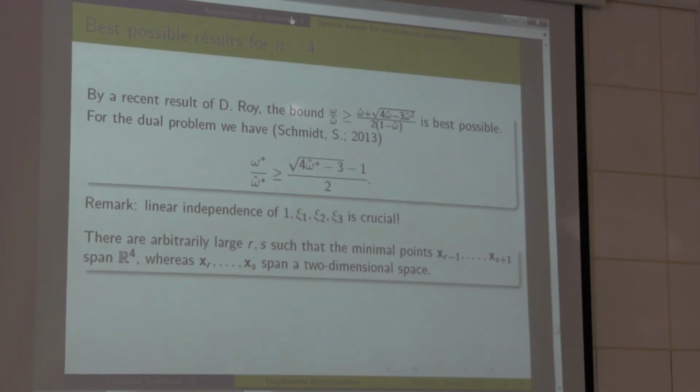And the existence of infinitely many such parts in the sequence of minimal points is used to conclude.